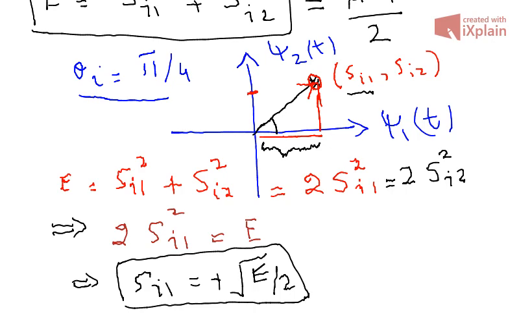As ψ1 and ψ2 are equal, because we have the angle pi by 4, this is also under root E over 2. If you don't take ψ1 and ψ2 equal, you still can prove that the total energy will still remain the same. But in digital communication, it is always taken equal.